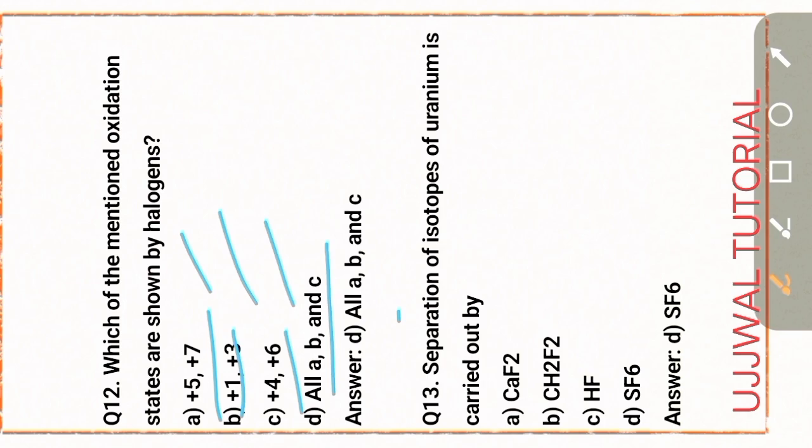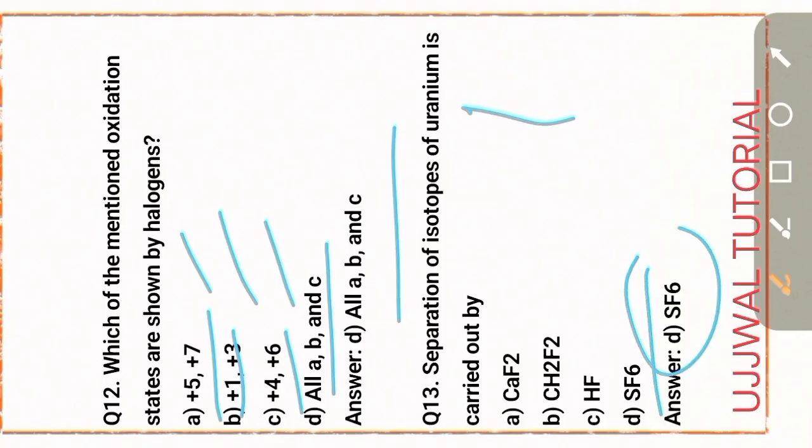Next, question number 13. Separation of isotopes of uranium is carried out by sulfur hexafluoride. Option D is the right answer, SF6.